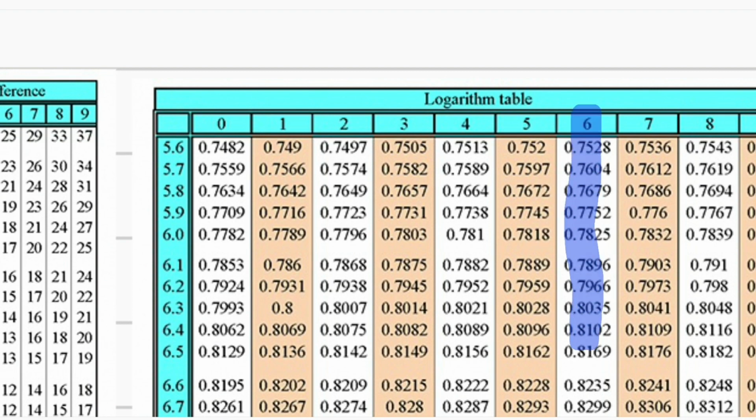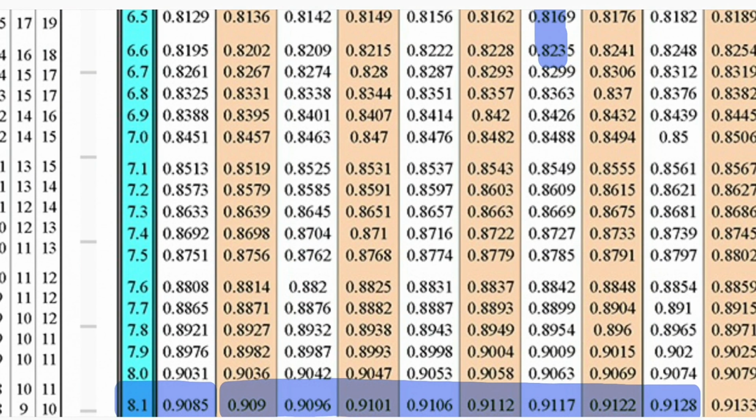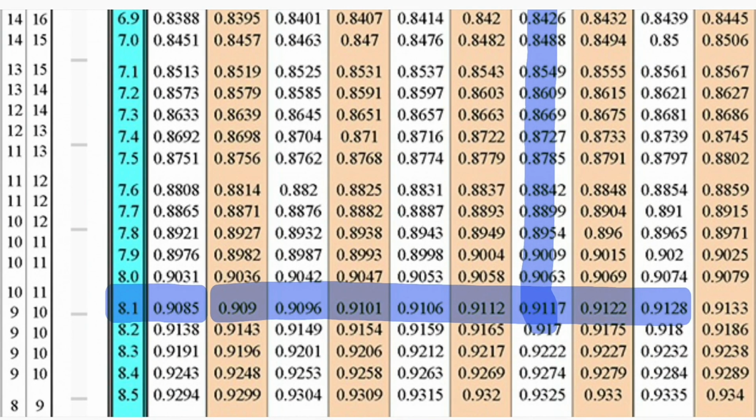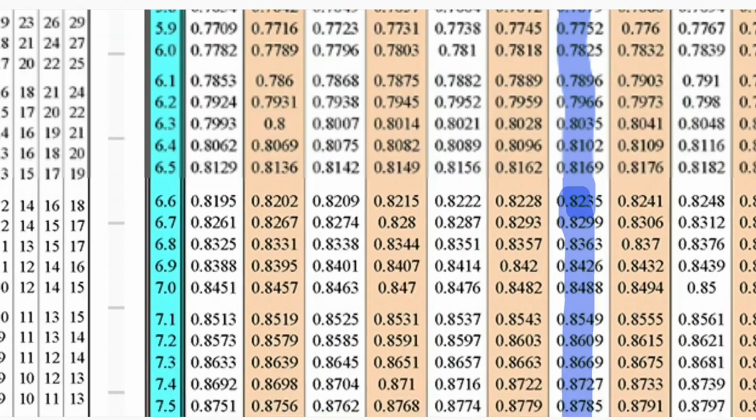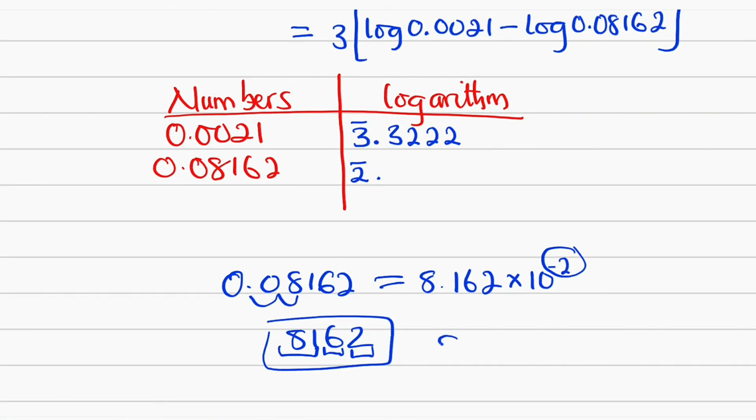Let me bring it down to the point of intersection. Can you see the point of intersection is 0.9117. We are only going to consider the decimal part. 9117. Then we look for difference of 2.